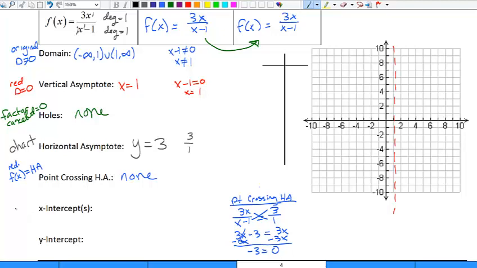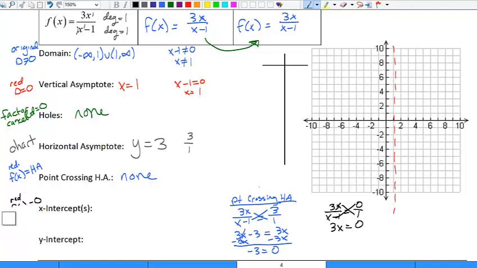To find the x-intercept, I'm going to set my reduced function equal to 0. So we have 3x over x minus 1, and I set that equal to 0, and I cross multiply, and that's just 3x equals 0. Notice that whenever you set it equal to 0, really all you're caring about is the numerator equal to 0.